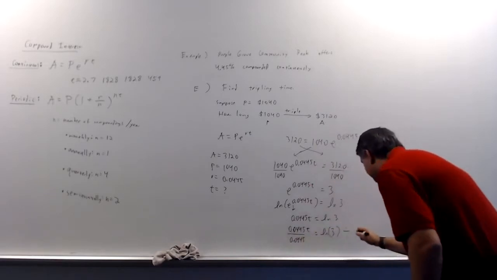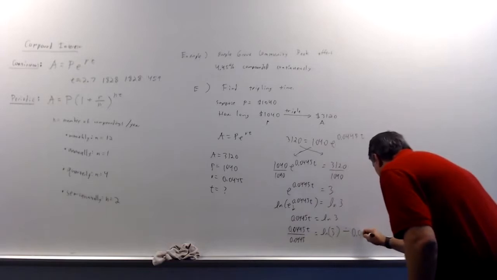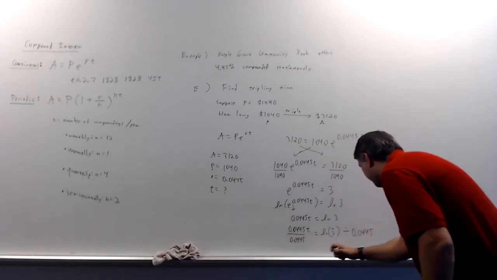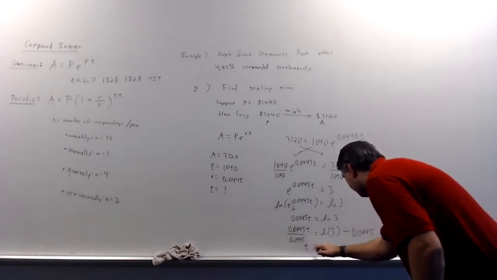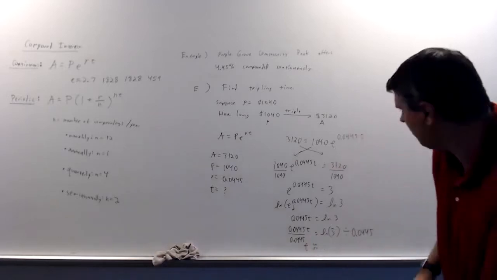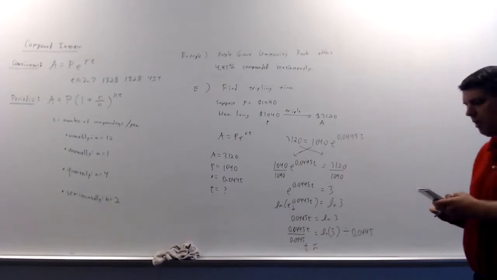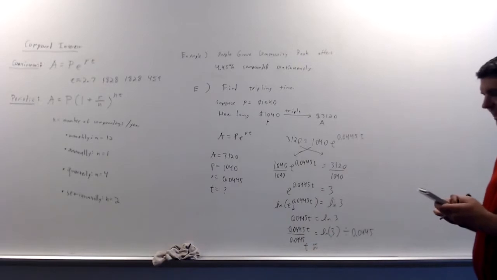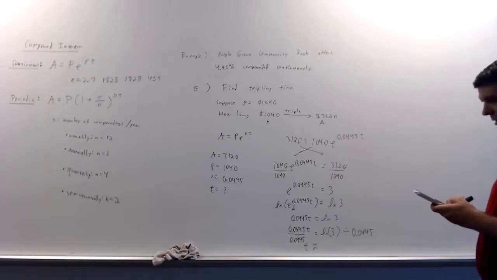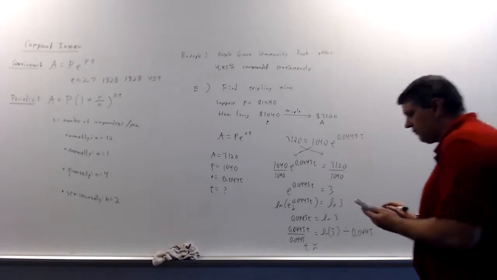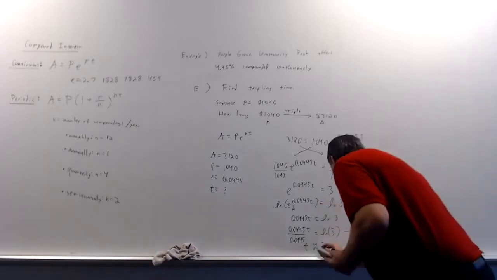I'm going to put it in parentheses and just use a division symbol. So natural log of 3, hit enter or equal. I'm looking at 1.0986 and so on. Divide by the 0.0445. I'm looking at approximately 24.7 years.